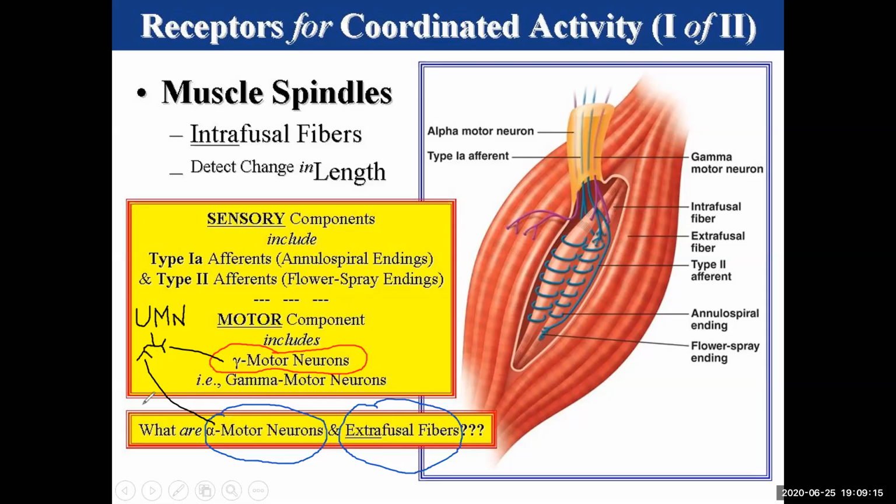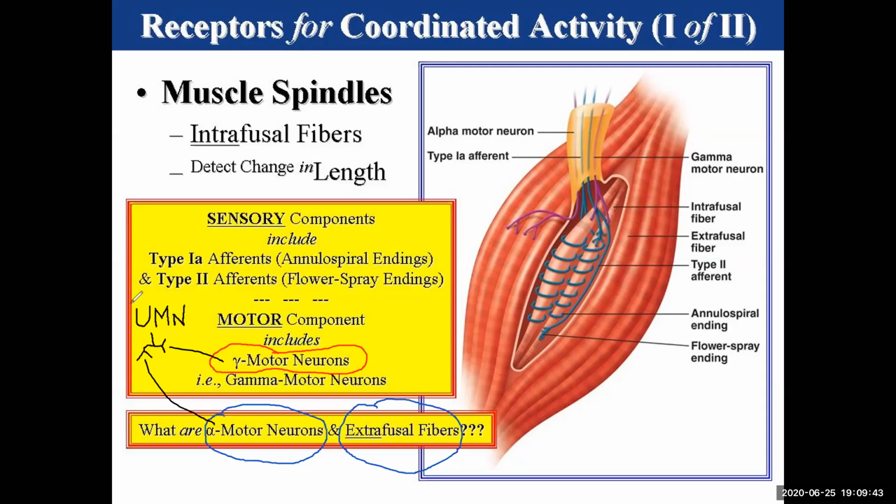Okay? So, since the alpha motor neurons have a larger axon diameter, they're going to propagate the action potential faster than the gamma motor neurons.